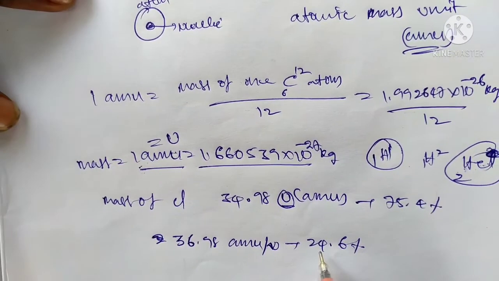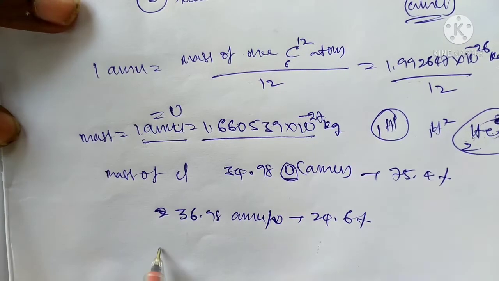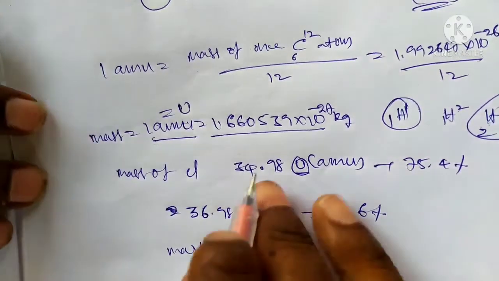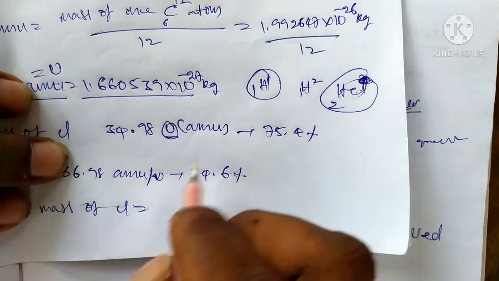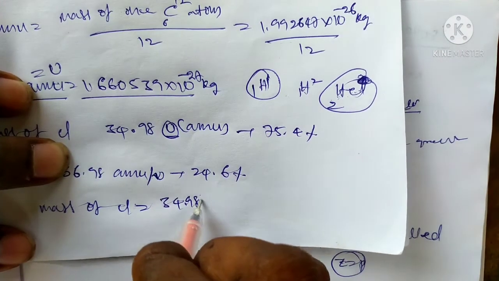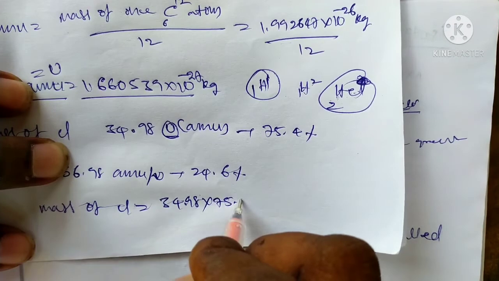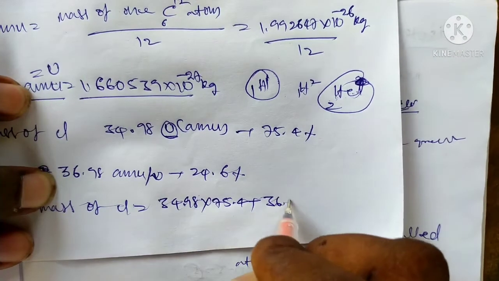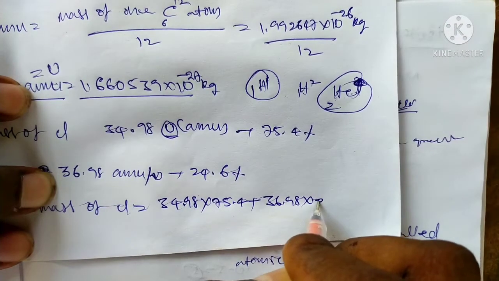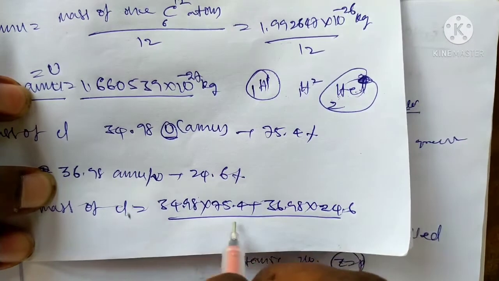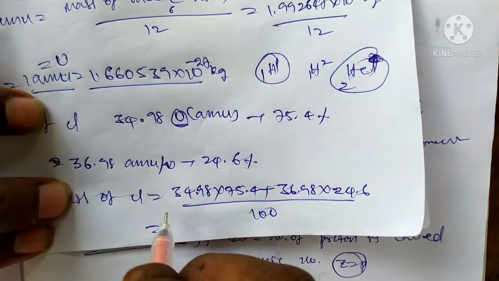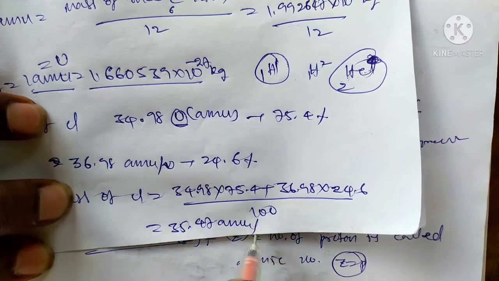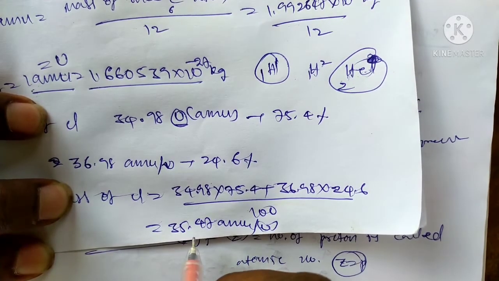Now we can calculate the mass of chlorine. Mass of chlorine equals 34.98 × 75.4 plus 36.98 × 24.6, divided by 100 percent, and we get 35.47 atomic mass units.